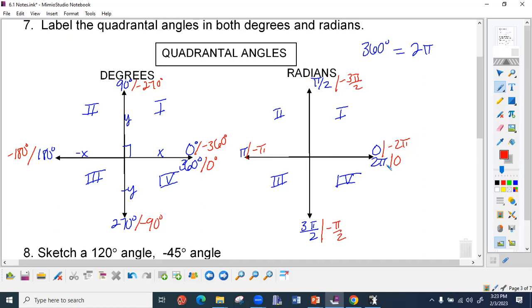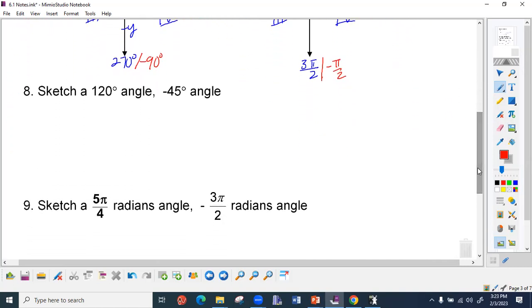All right, let's sketch. Let's make sure we understand where angles will fall. So on 8, if I have 120 degrees, what quadrant should 120 degrees fall in? Quadrant 2.